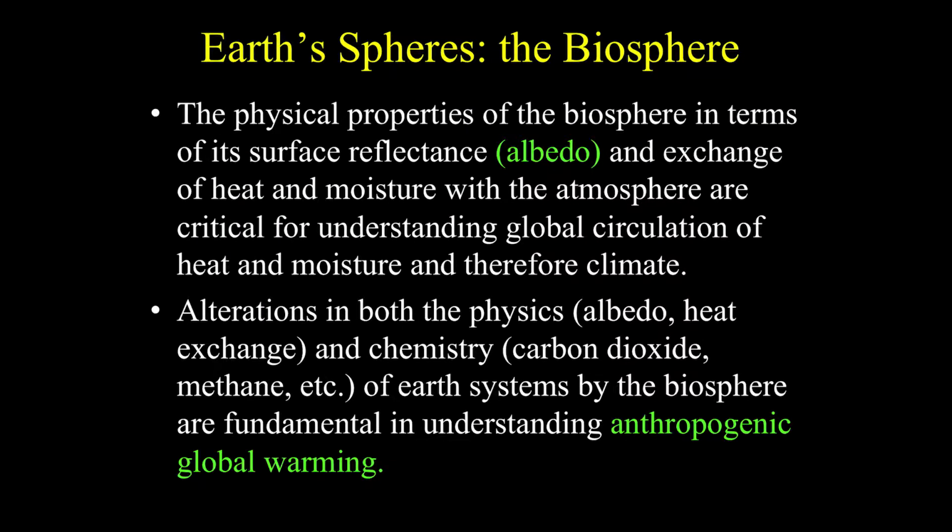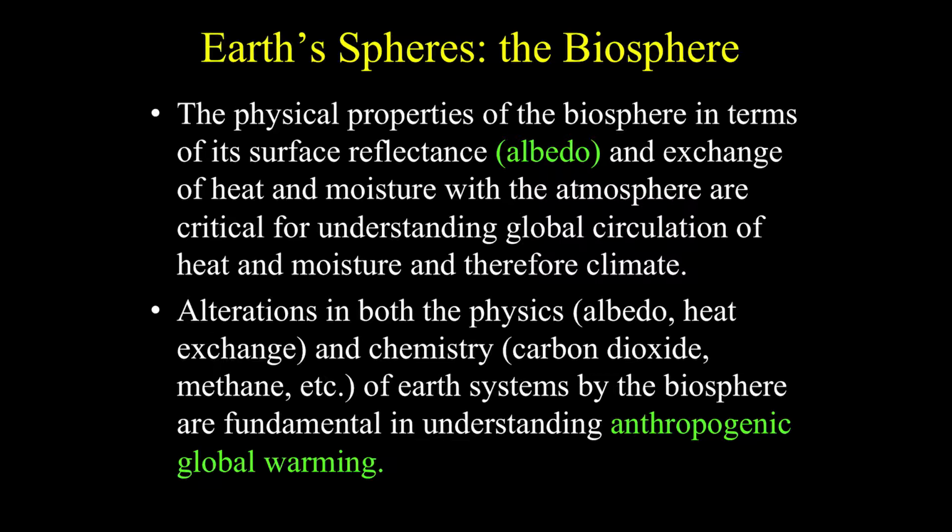In other words, the physical properties of the biosphere, in terms of its surface reflectance and exchange of heat and moisture with the atmosphere, are also critical for understanding global circulation of heat and moisture, and therefore climate.